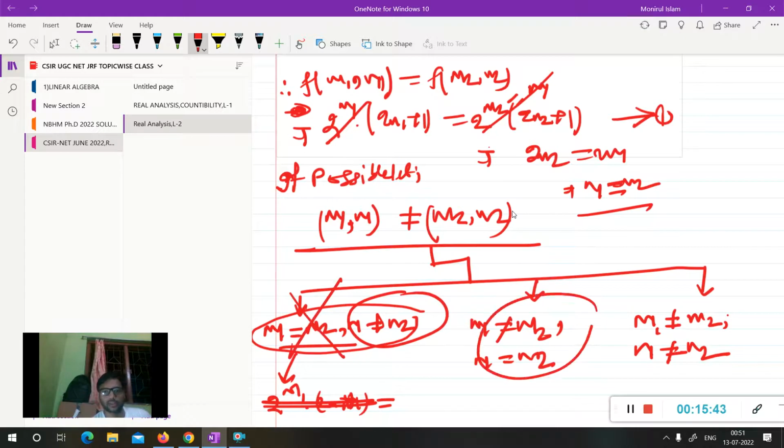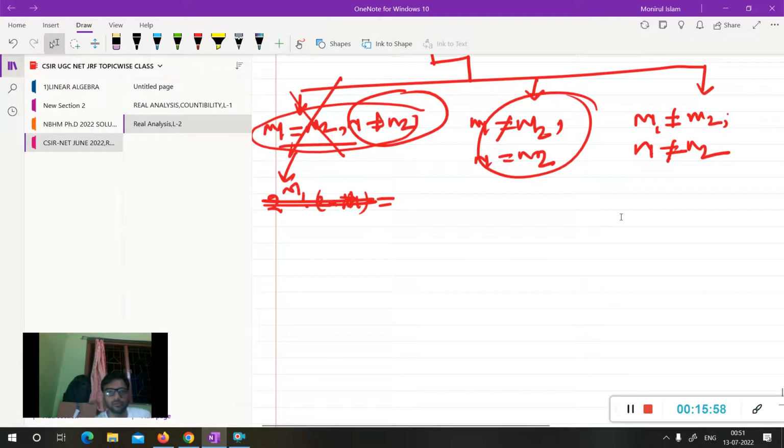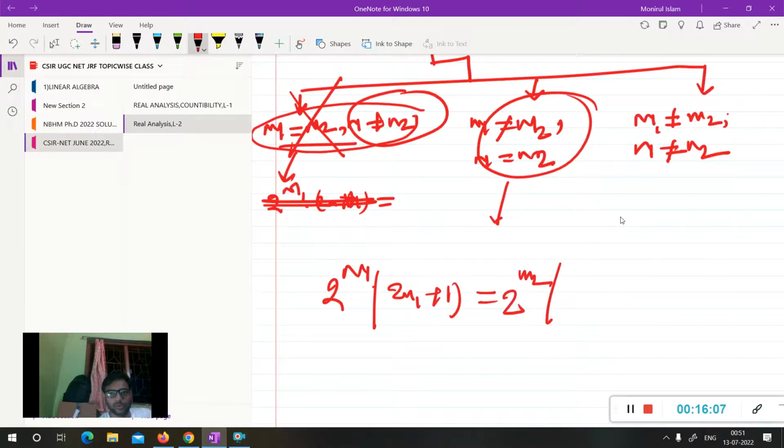Now going to the next case, you can see this case also gives a similar contradiction. If n1 equal to n2, then from 1, 2 to the power m1 times (2n1 plus 1) equals 2 to the power m2 times (2n1 plus 1), so I am cancelling out the common factor.